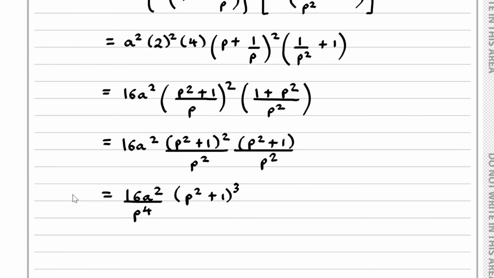And so what we see here is a result of PQ all squared, from which we can conclude k is equal to 16, n is equal to 3.